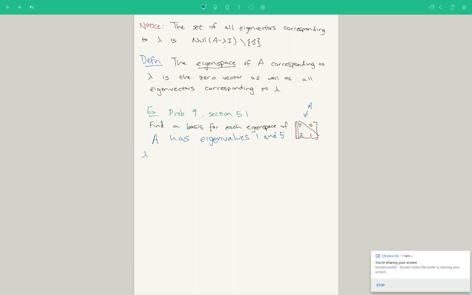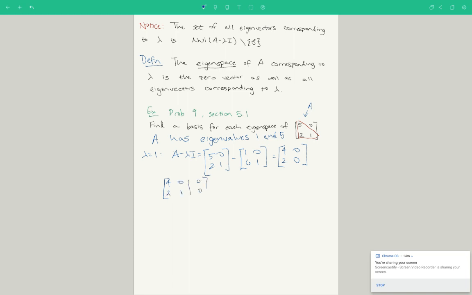So let's start with lambda equals 1. When lambda equals 1, we find our eigenspace by doing A minus lambda I. So this is 5, 0, 2, 1 minus 1 times the identity, which is just the identity. So we end up getting 4, 0, 2, 0. If we want to find the corresponding eigenspace, we're trying to look for the null space of this matrix.